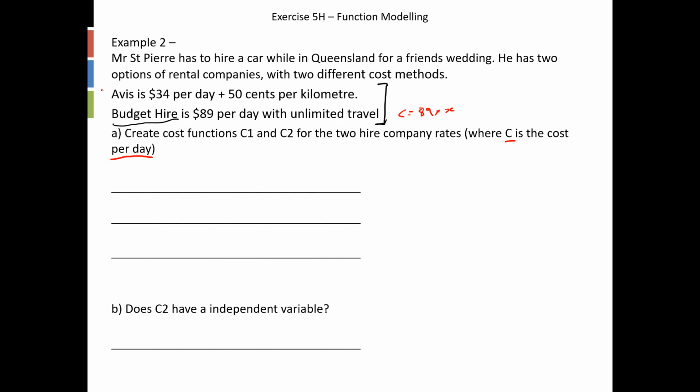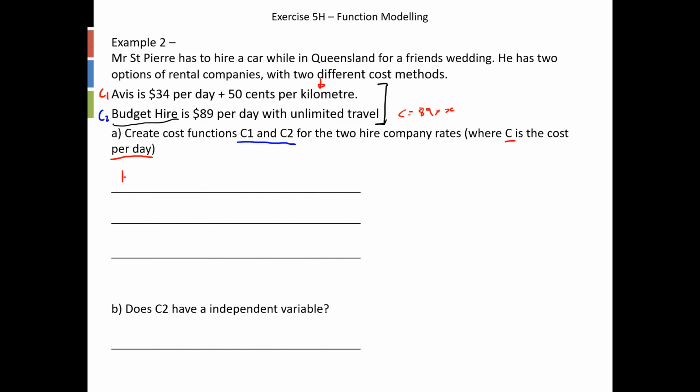Let's do that, and we'll call Avis C1 and we'll call budget C2. So we've been given these 2, so we don't need to define them. But we do have to define our independent variable that ends up determining this cost, and C is the cost per day. So what is the independent variable? What is the thing that's changing? Well, it is the kilometers traveled.